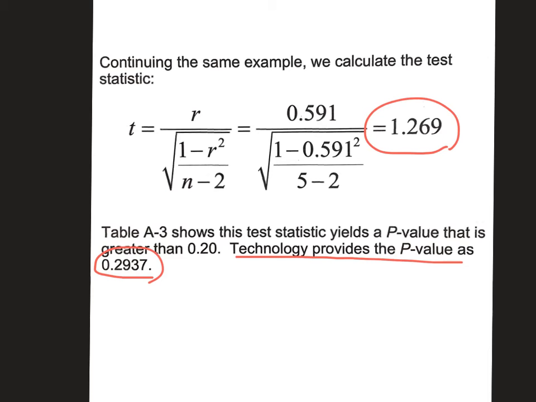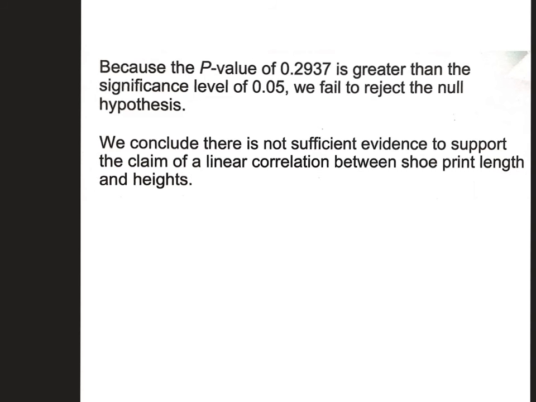I think this problem was using 0.05. So because the p-value is greater than 0.05, because it's so high, we're going to fail to reject the null. And the conclusion then is that there is not sufficient evidence to support the claim of a linear correlation between shoe size and height, because the p-value is too high.